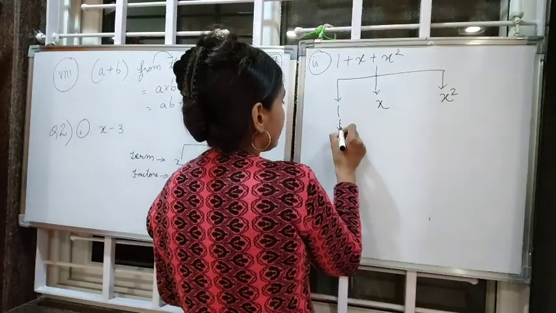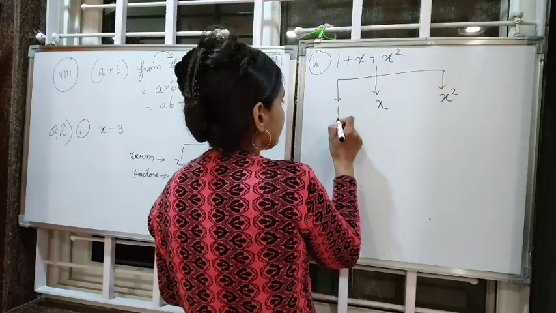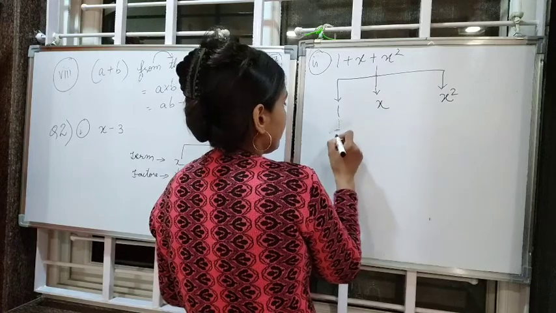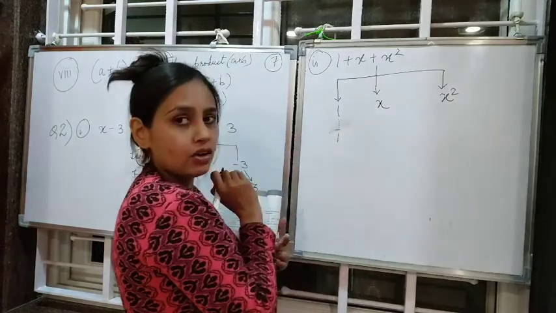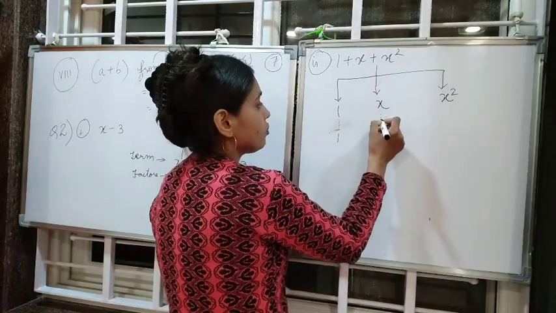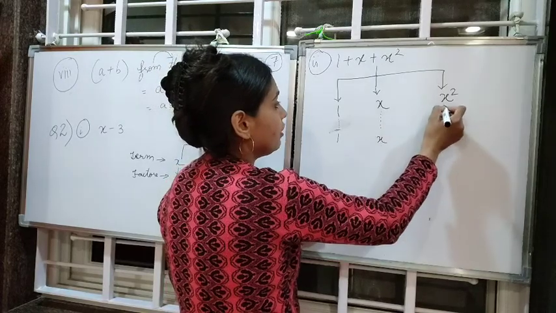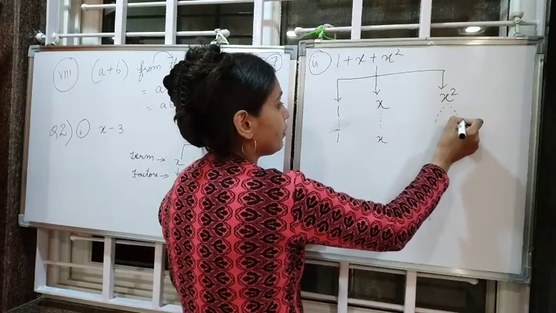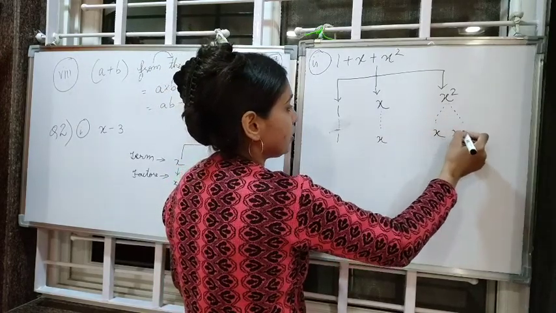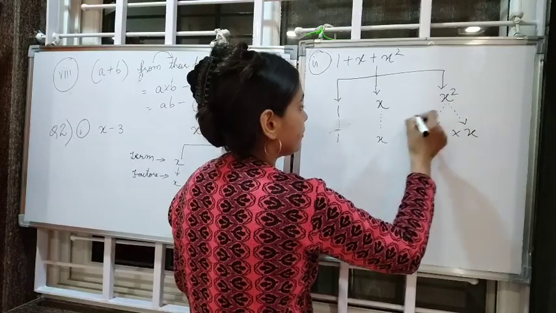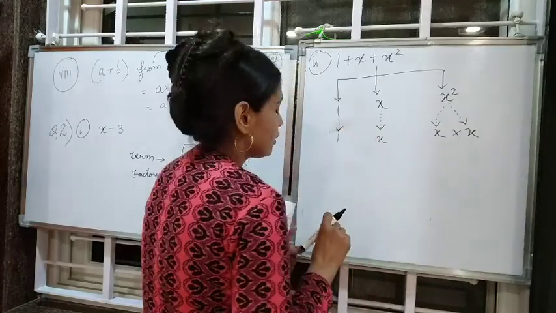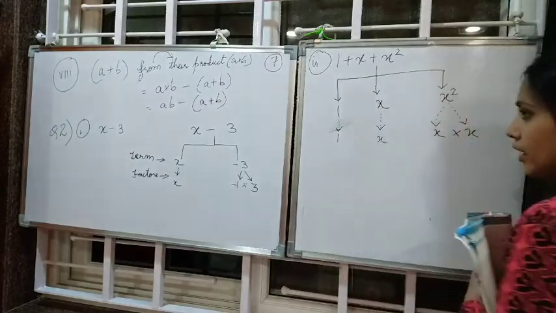So what are the factors? We can show the factors with the dotted lines. So 1 is only the factor of 1. x is only the factor of x. And here x square means x into x. So this completes the second part.